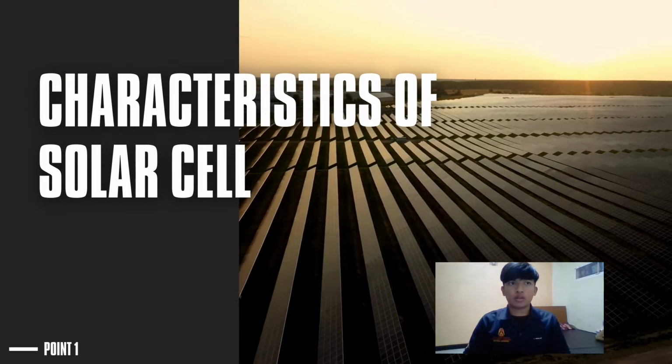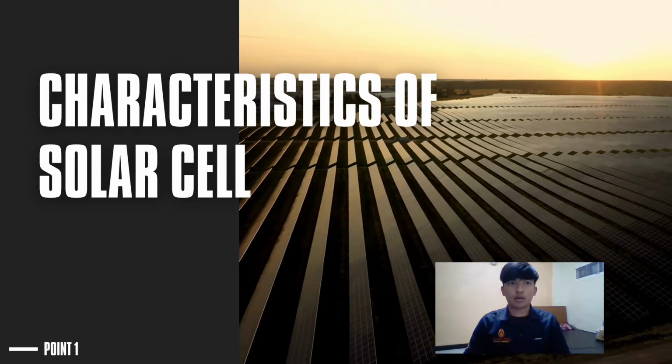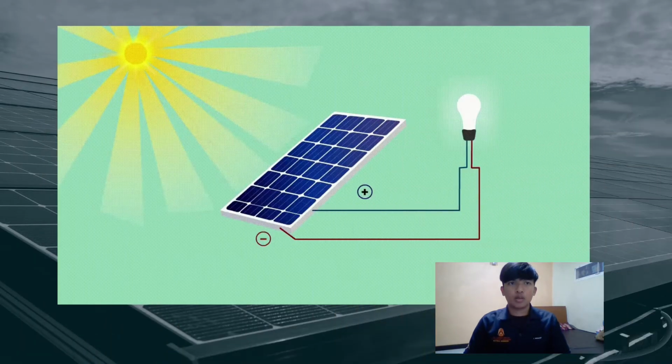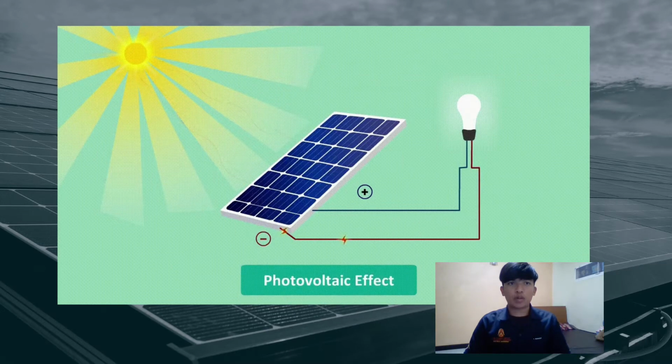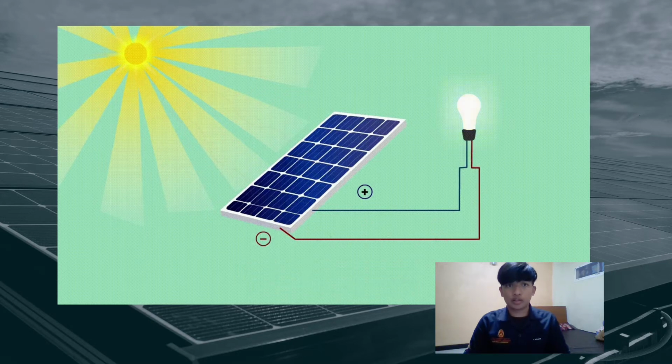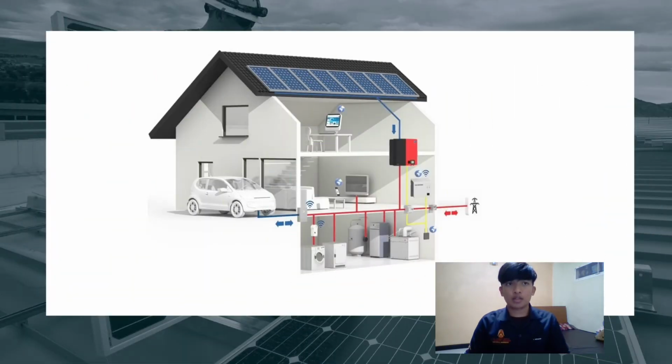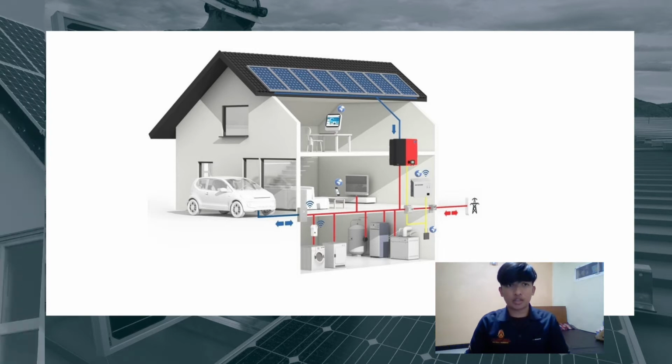A solar cell is an electrical device that can convert light energy into electrical energy. When light is applied to the solar panel, it will generate a current that varies with the intensity of light. So we can directly use the energy from the solar cell or store the energy in a battery.